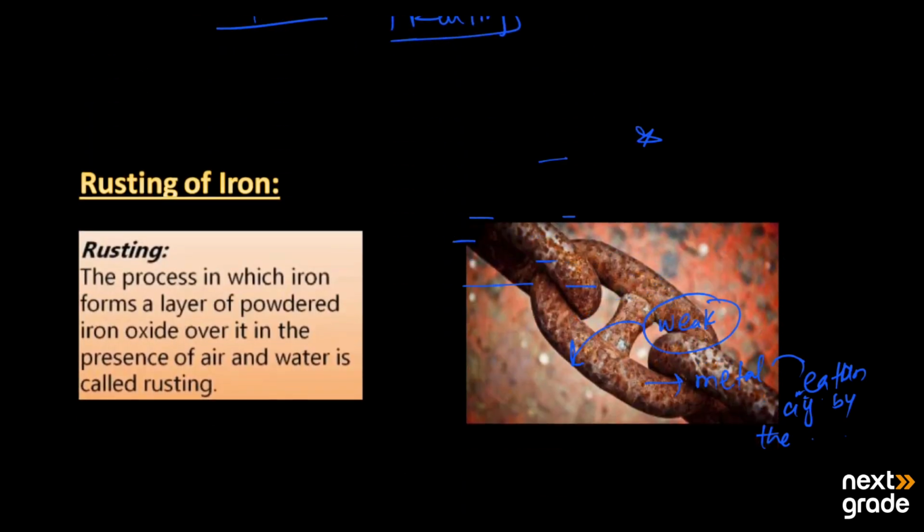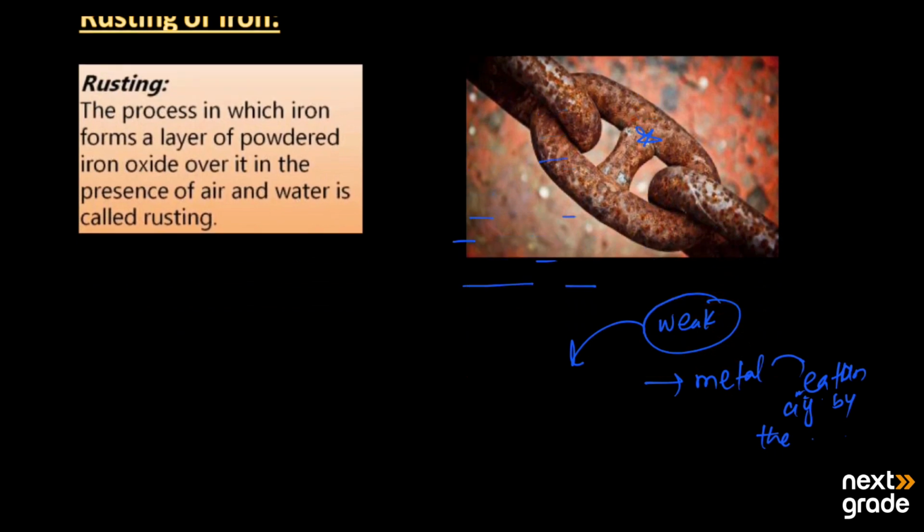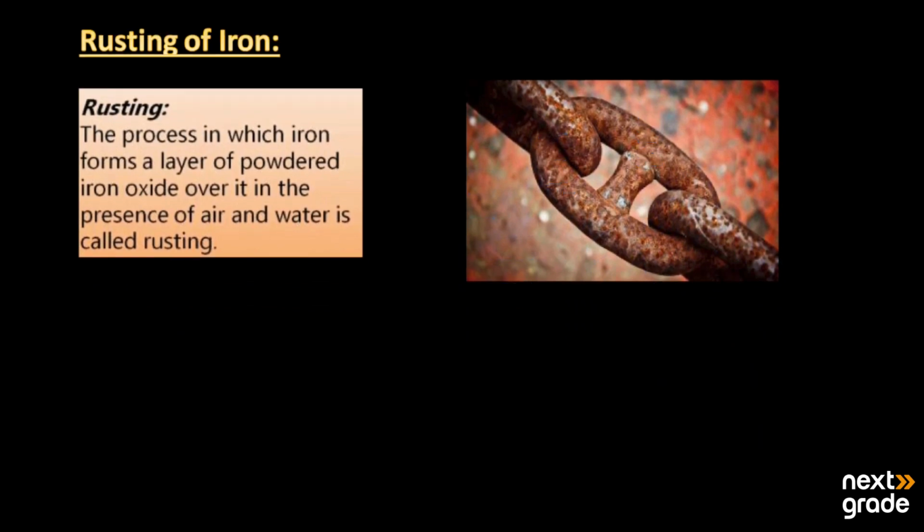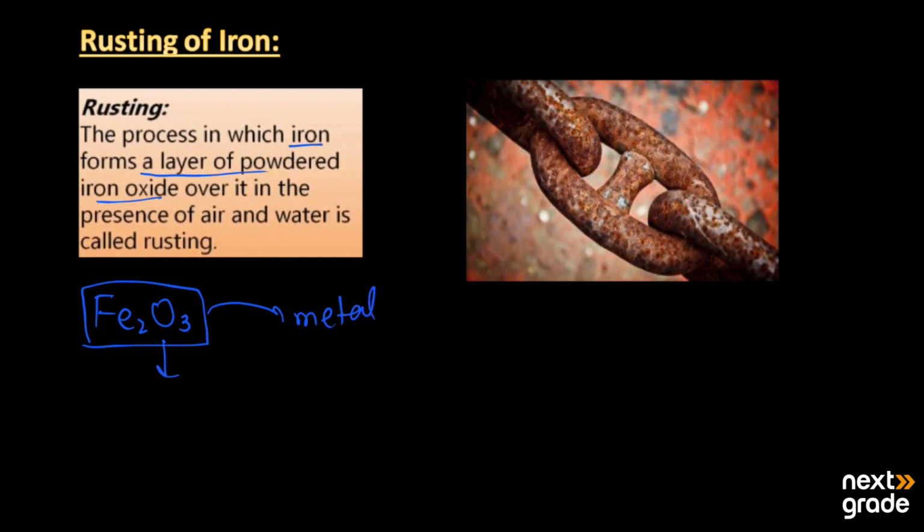After this, now we have rusting of iron. This is the process in which the iron forms a layer of powdery iron oxide. The iron oxide, whose formula is Fe2O3, is formed over the surface of the metal, and that formation happens in the presence of air and water.